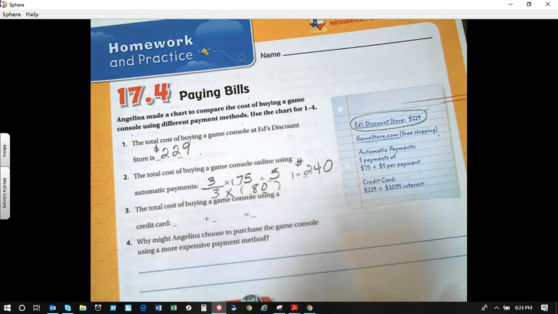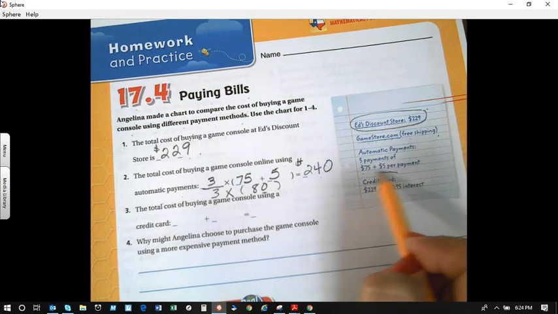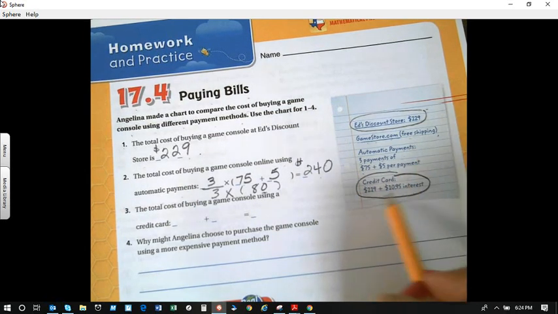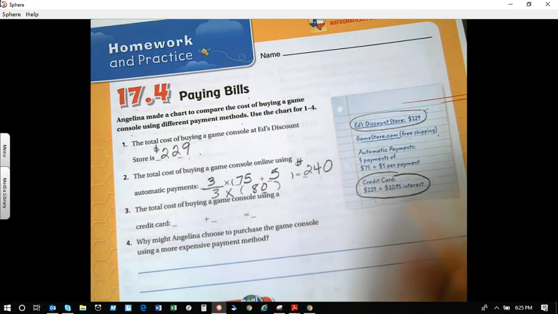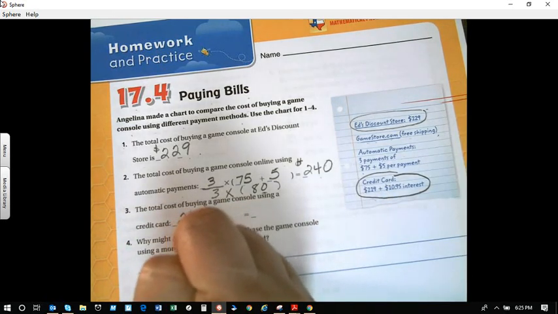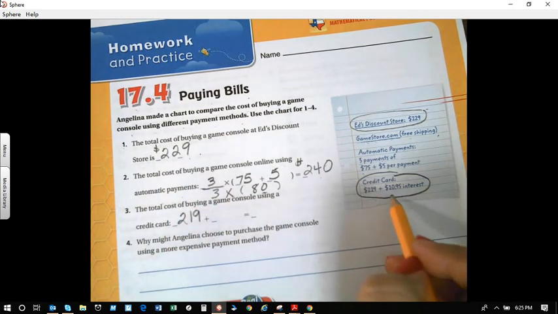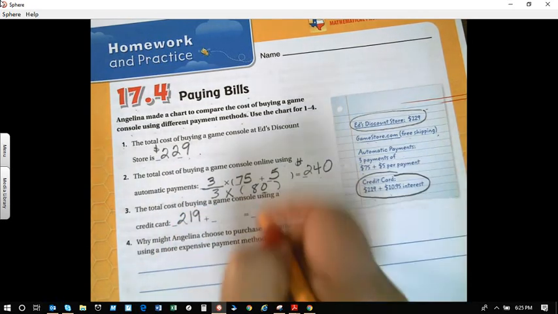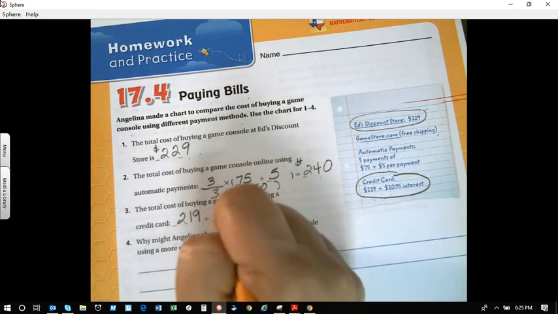Okay. Next one, we have our credit card. So look at here. The credit card is $219. So it's a little bit cheaper if they were to charge it, but the interest on that is going to be $10.95.